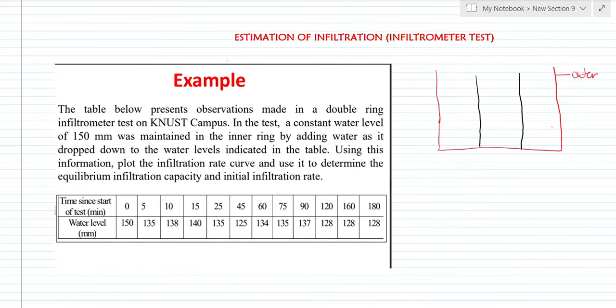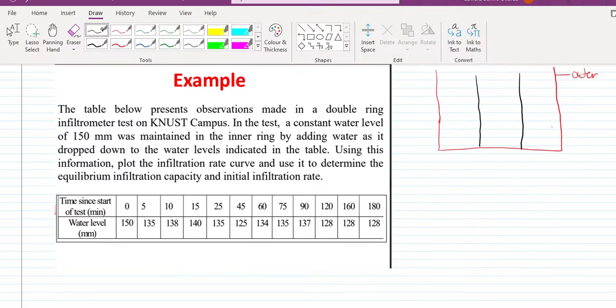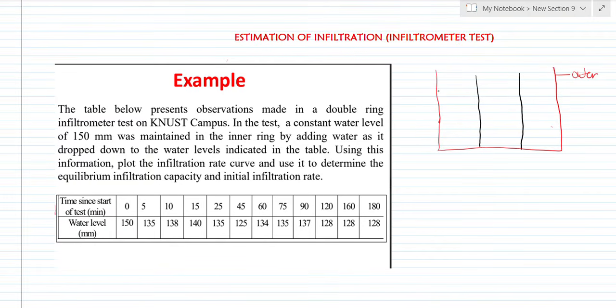We drive it into the soil to make sure there are no leakages at the side. Then we pour water. So we pour water into the inner chamber at the same time as we are pouring water into the outer chamber.